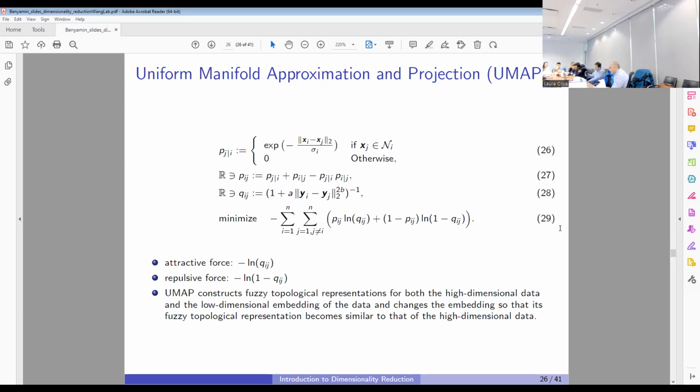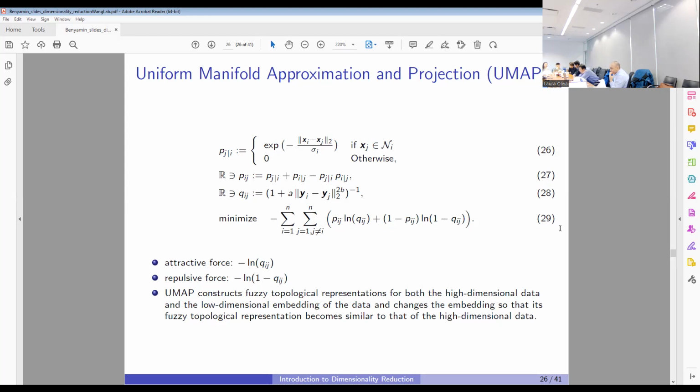Again, as you see, UMAP and t-SNE, all of them are neighborhood algorithms. And these neighborhood algorithms have some attractive forces and some repulsive forces. Attractive forces between the points which are close to each other, but repulsive forces between the points which are far away from each other or dissimilar.